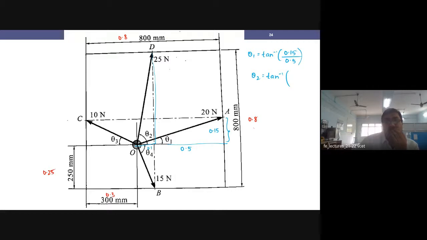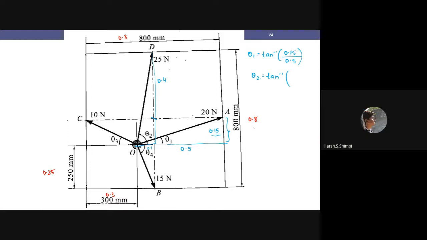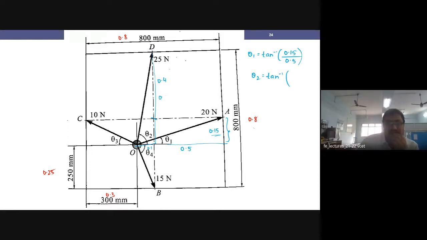This distance, how much is it? 0.4 up to here, and from here it is 0.4 plus 0.15, so the total distance is 0.55. So for theta 2, I will have tan inverse of 0.55 divided by 0.1. Now theta 3, that will be tan inverse of, where is the angle theta 3? Here. So I do not have to mark the triangle, it is already available. So I have 0.15, and what is the horizontal distance?